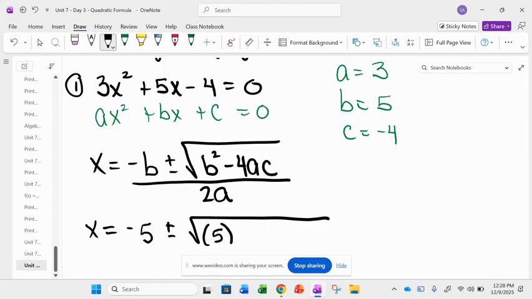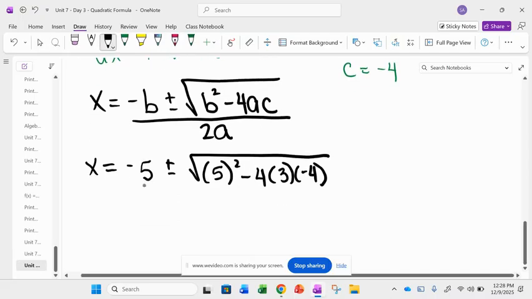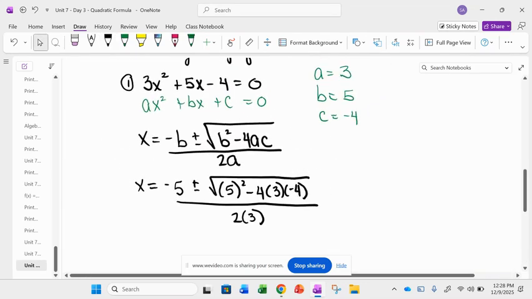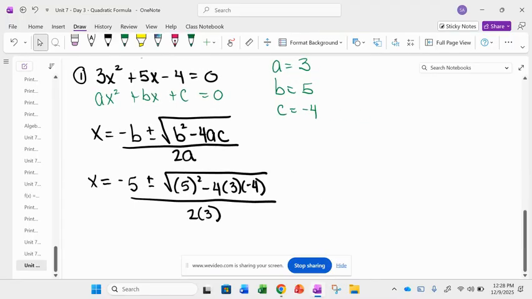And then we're going to square 5 and then subtract 4 times 3 times a negative 4, all over 2 times 3. I'll let you all catch up.